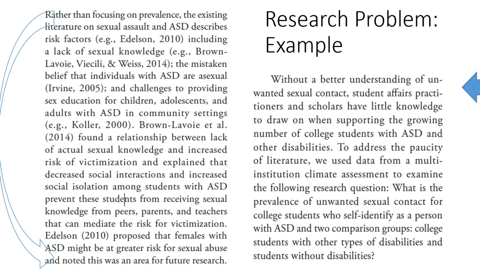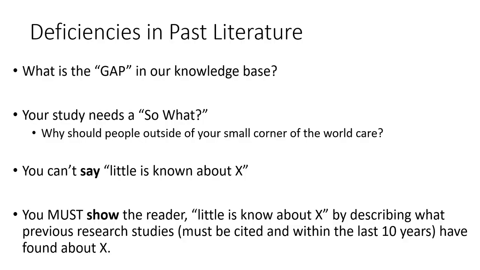So this is the framing of the problem. And then I get down to the actual research question itself. So in this example, I've taken you from a very broad topic through the literature down to a gap and then the research question.